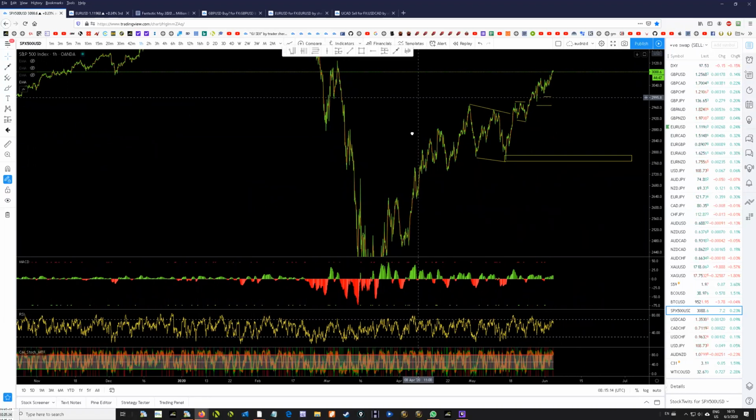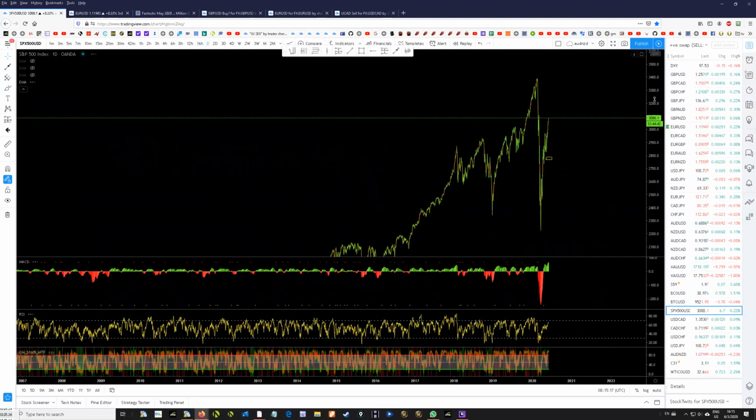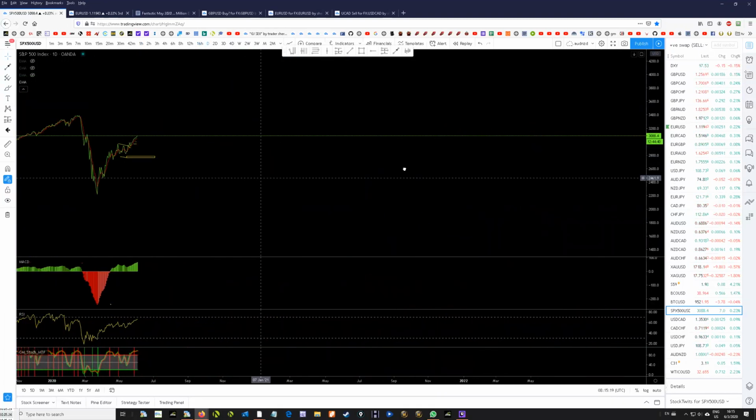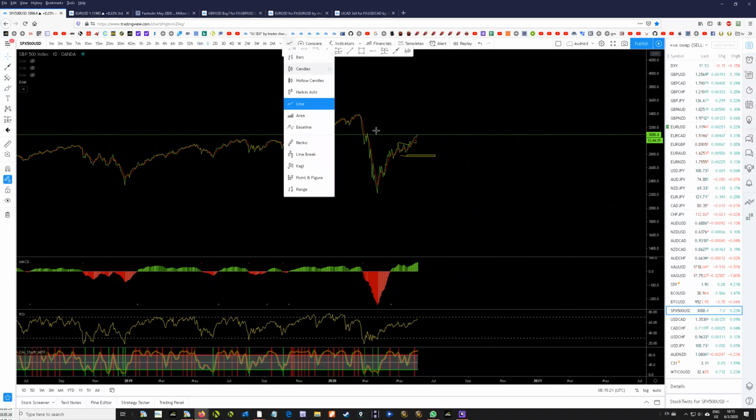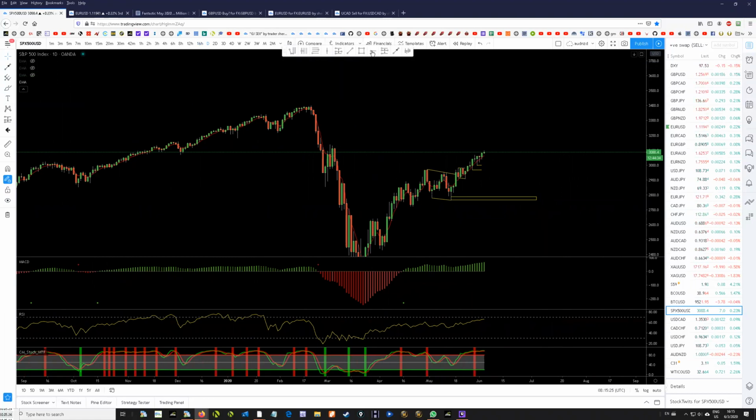So S&P is reaching all these levels over here. See? Important levels. Maybe I just put it down to candles. All these important levels over here, all these important levels over there. So, all important levels.